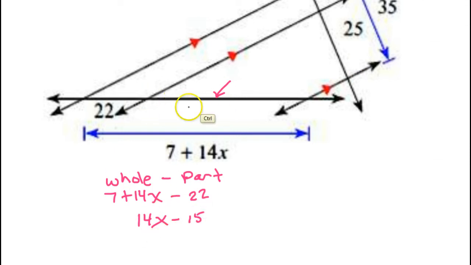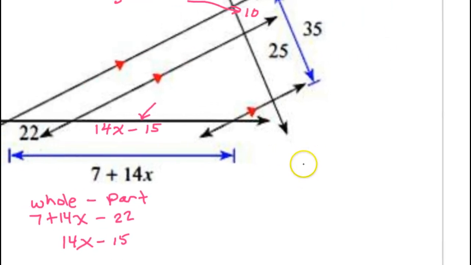All right, so that should be the missing piece. So here I will just have 14x minus 15. Let me just redo that. I said 14x minus 15.